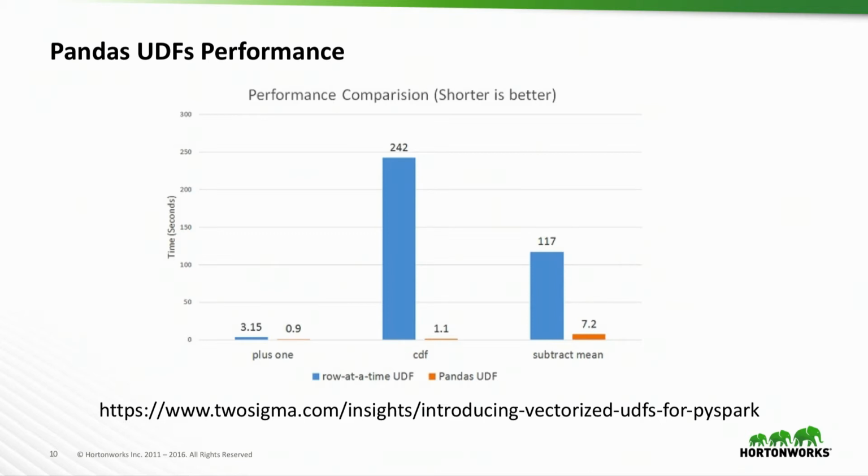So this is the plan for maybe the coming Spark version. If this feature becomes available, a lot of the Pandas libraries you developed before, you can reuse. So this is the first highlight feature for us.